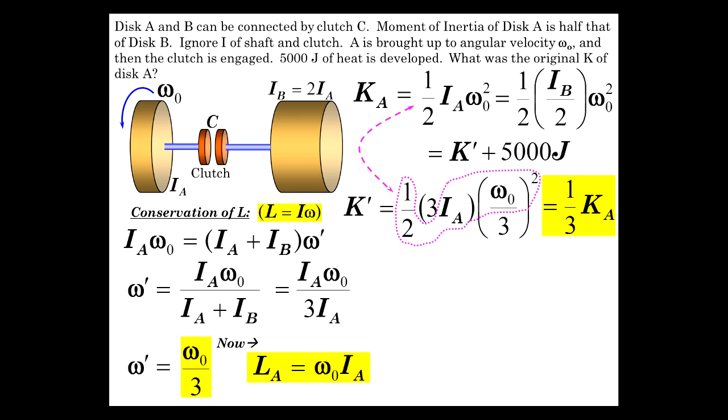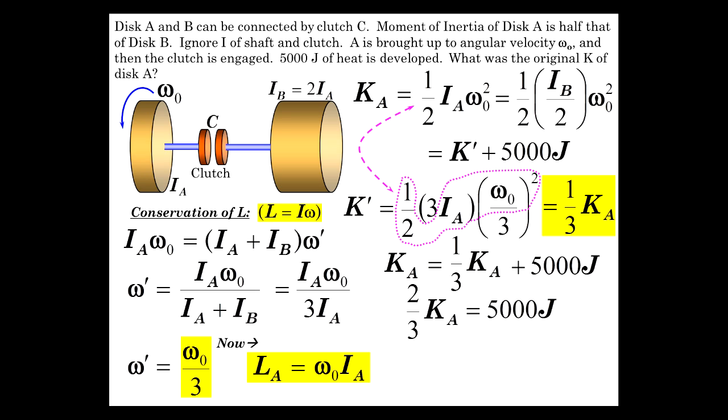There it is, and we get 1/3 Ka, so that's K prime. Thus, Ka equals K prime, which is 1/3 Ka, plus 5,000. But Ka is not 1/3 Ka, it's 3/3 Ka. Therefore, 2/3 Ka is 5,000. And we get our coveted result that Ka equals 7,500 joules.